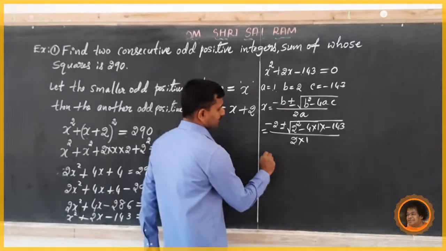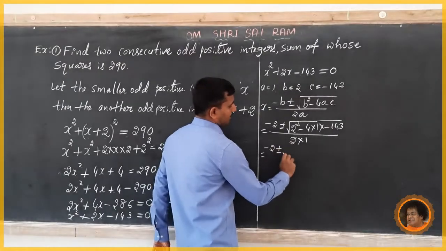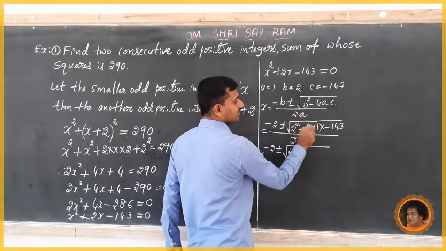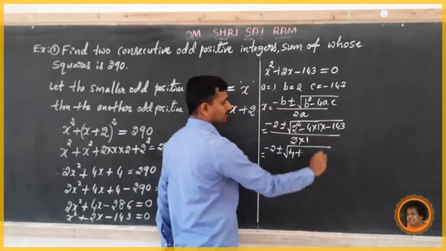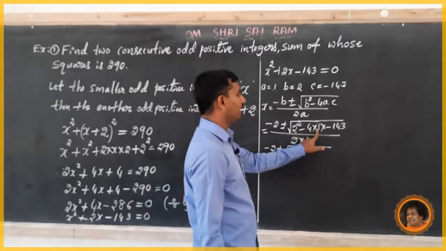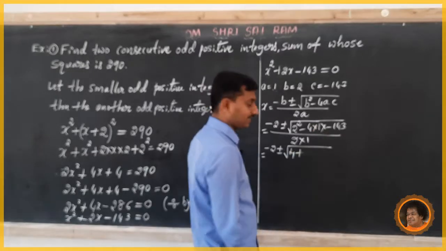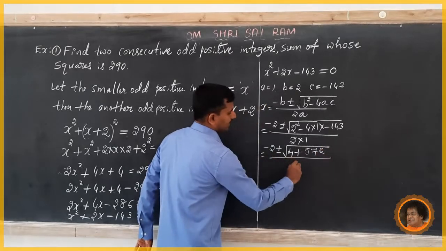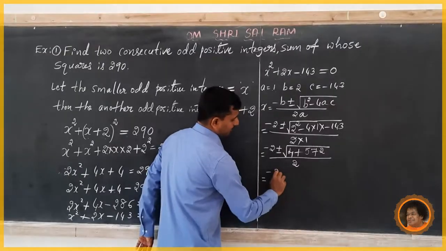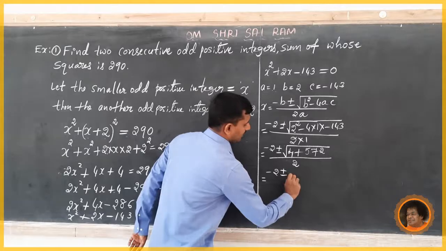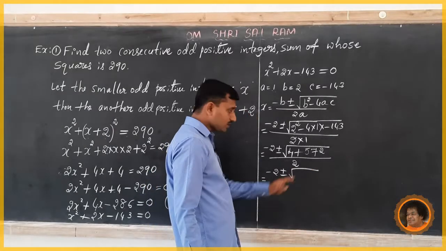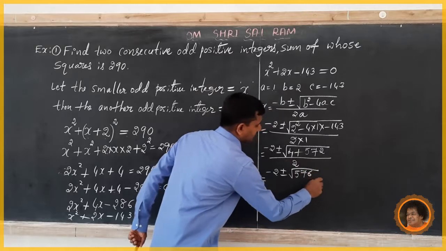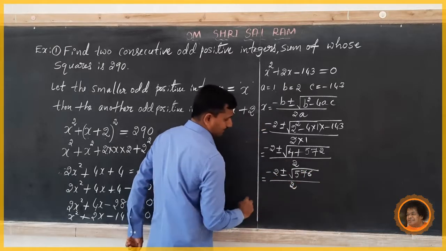Now simplify. Equal to minus 2 plus or minus square root of 2 square means 4, minus into minus is plus, 4 into 1, 4 into 143, that is 572, divided by 2. Now simplify, equal to minus 2 plus or minus square root of 572 plus 4, that is 576, divided by 2.